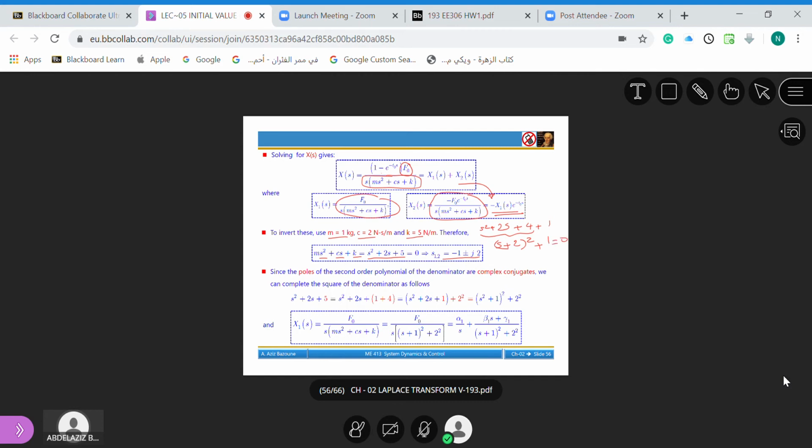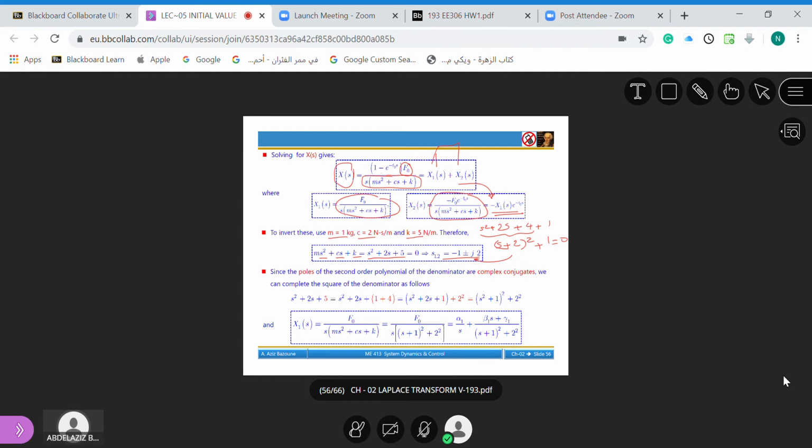If you solve this equation, you find the complex conjugate poles. Now all we need is to find x1 and x2. Once we find them, we add them together and we get the solution X of s.